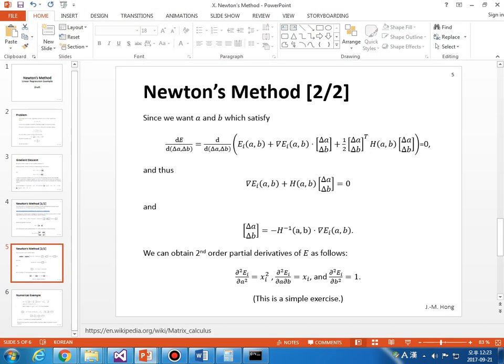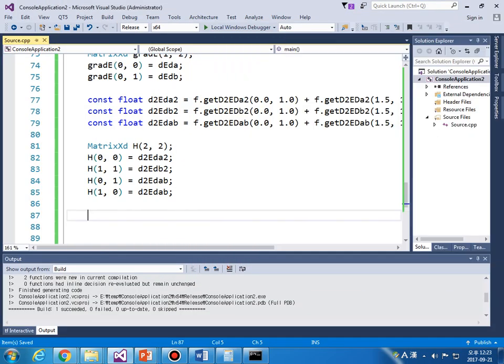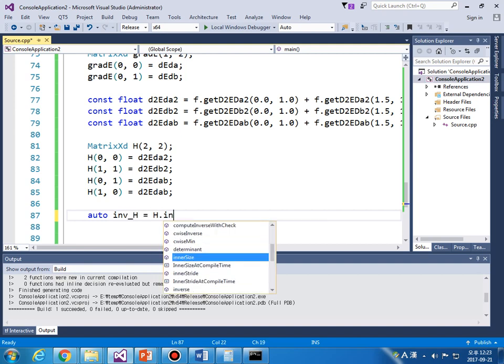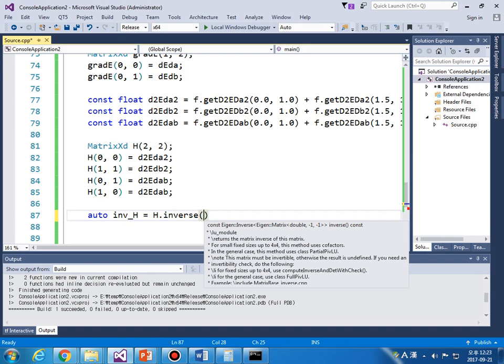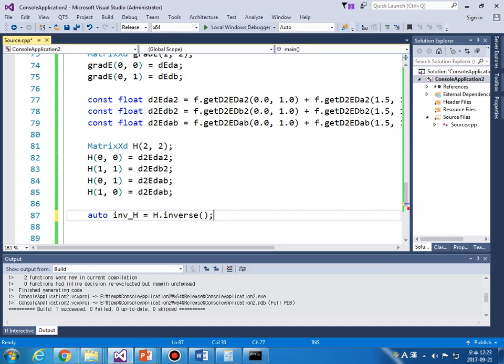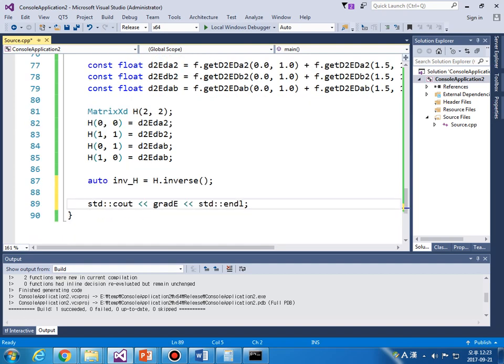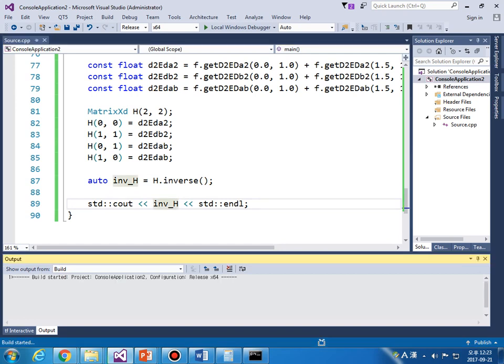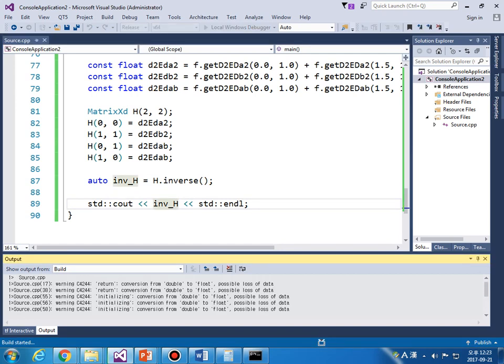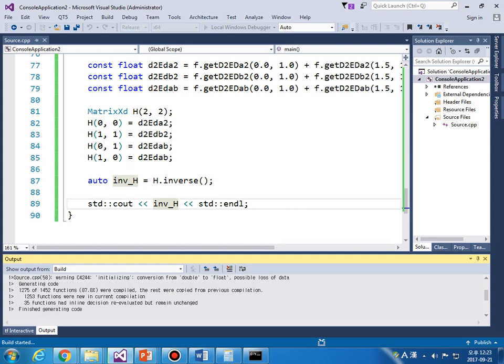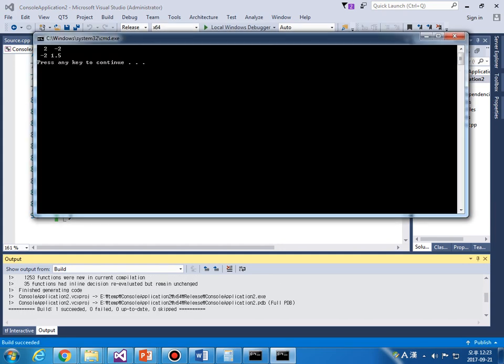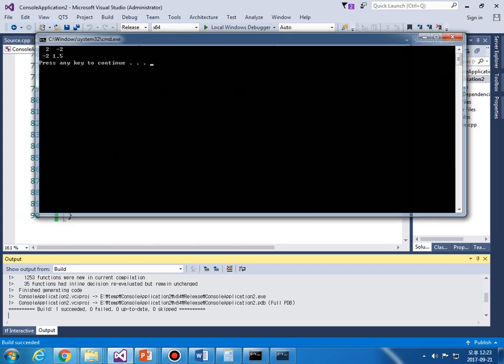Okay, so delta A and delta B can be obtained by this process. So we need inverse H. Auto H is H inverse. Okay, right? And let's double check the result. Okay, we have the inverse H matrix.